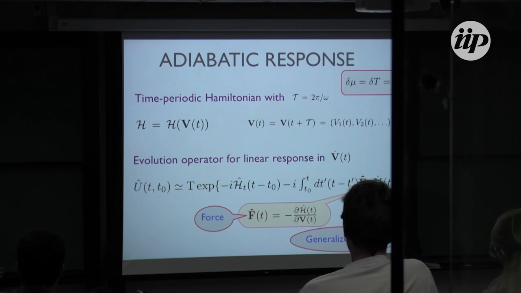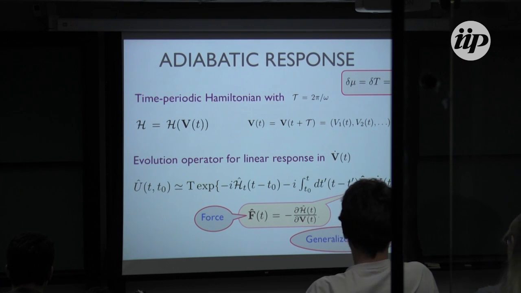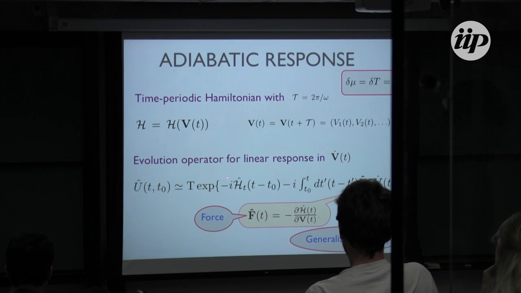The scale is the following. In the adiabatic regime, we imagine that the typical period of this AC driving is much longer than the typical time for the electrons to live in the structure. So this sets the scale. We cannot use a Kubo formalism, which is appropriate for small amplitudes in the driving, but we are going to do something in the same philosophy.